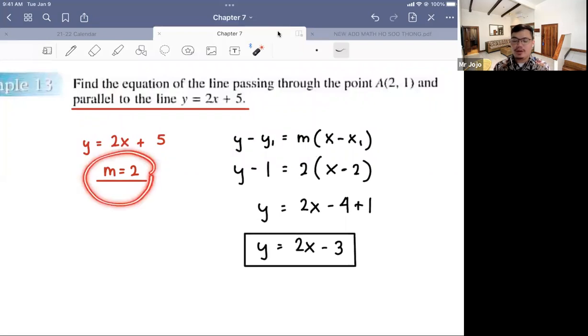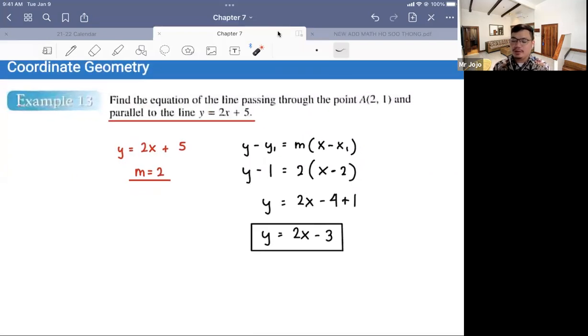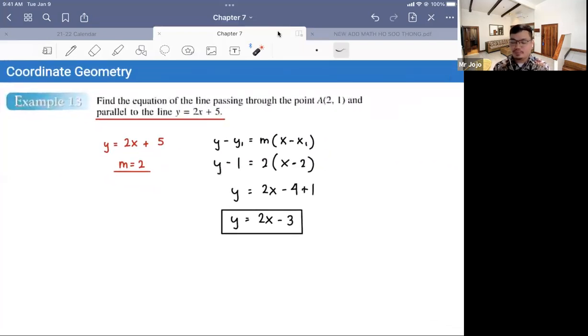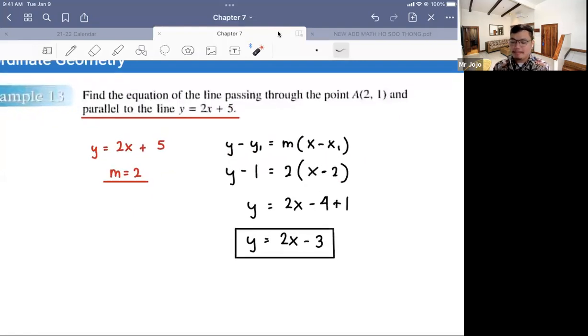Okay, again, whenever you see the word parallel to the line, it means their gradients are the same. So therefore, from here, we already know the gradient of our first line. Okay, so the gradient of our first line is also equal to 2. Okay, so from there, we know what to do with this.